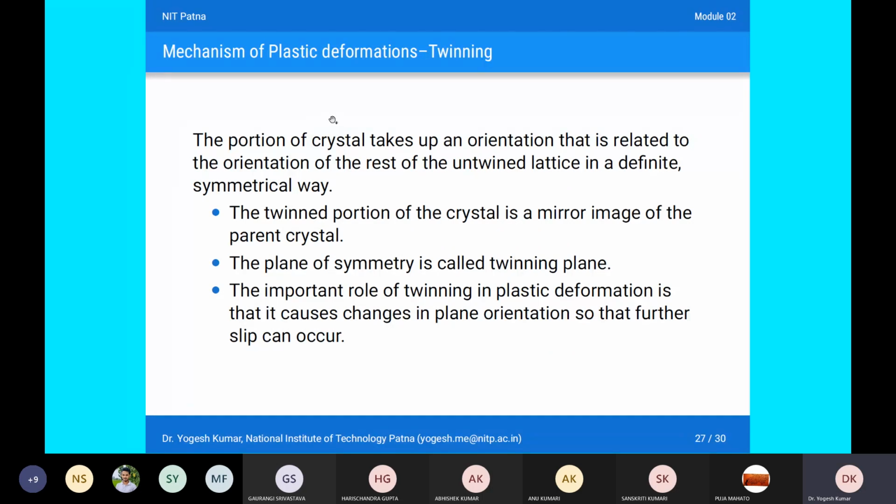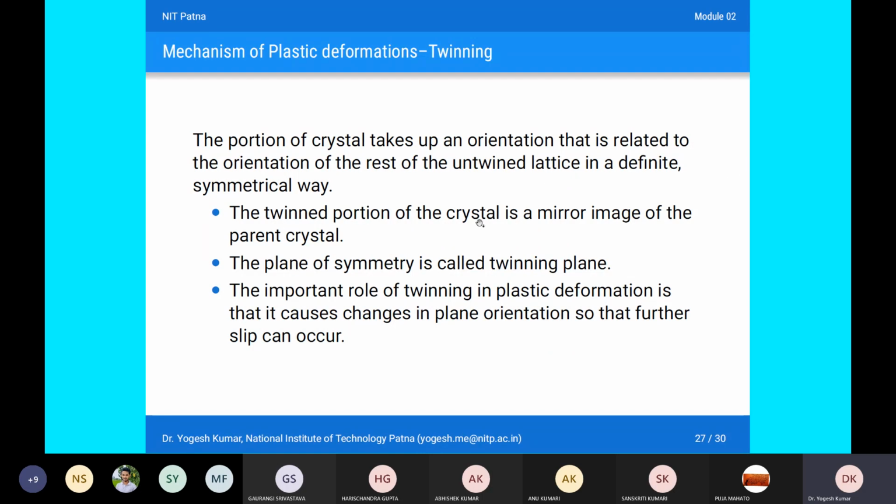Then we have another thing which is responsible for plastic deformation in metals, that is twinning. Let us try to understand what twinning is. The portion of the crystal takes up an orientation that is related to the orientation of the rest of the untwinned lattice in a definite symmetrical way.